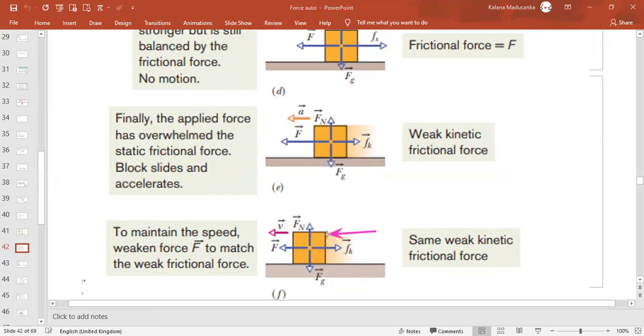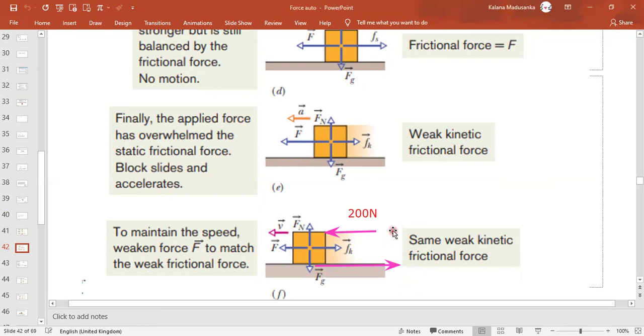Now I am applying, let's say, 200 newtons. I am applying 200 newtons as a force. What do you think about the value of the friction force? Now, as I assumed earlier, the maximum is 50. Is the friction going to be 200 newtons? If this friction became 200, again there should be no motion.